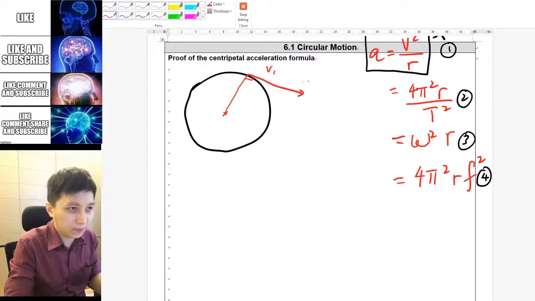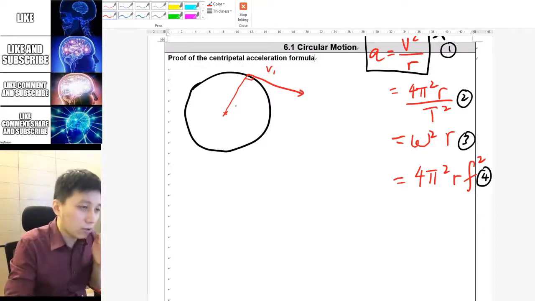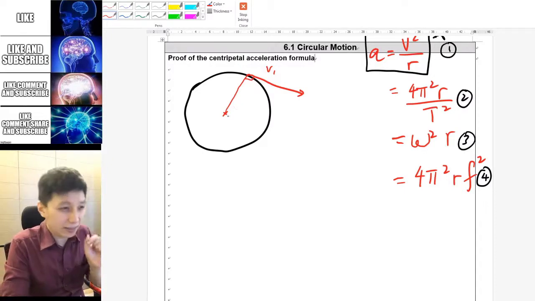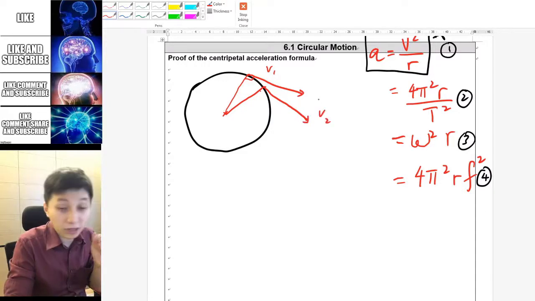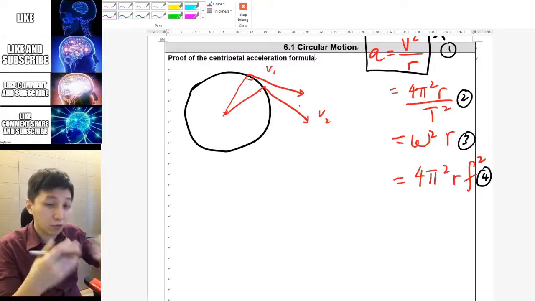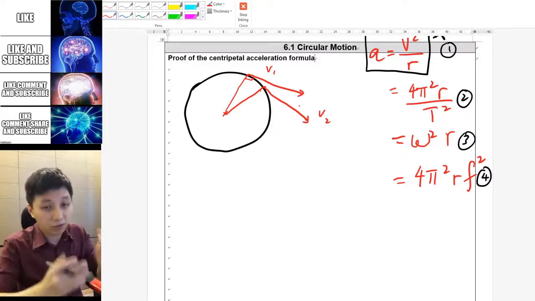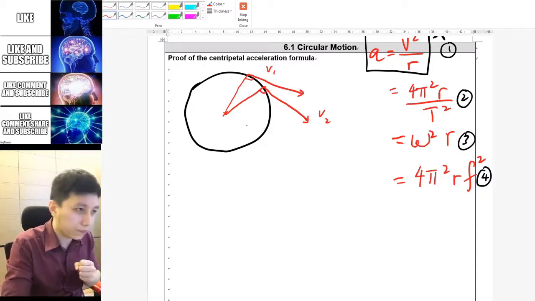Alright, I'll try my best, and also longer for easier viewing. And a very short instant after, here, that will be another direction, and that will be v2, after a certain bit of time. Of course, due to the acceleration, the direction of the velocity will get changed. And since this is tangent, this is still 90 degrees.